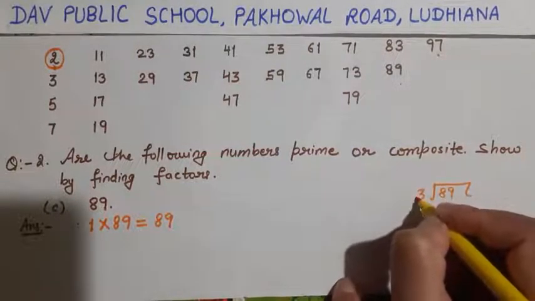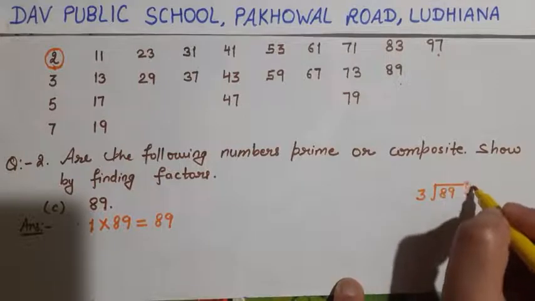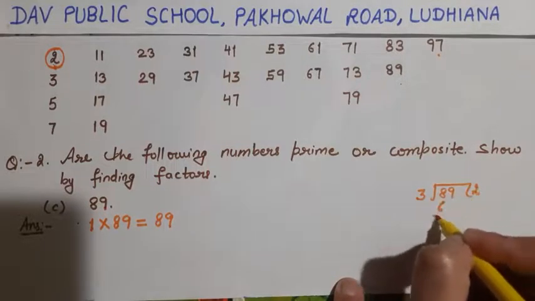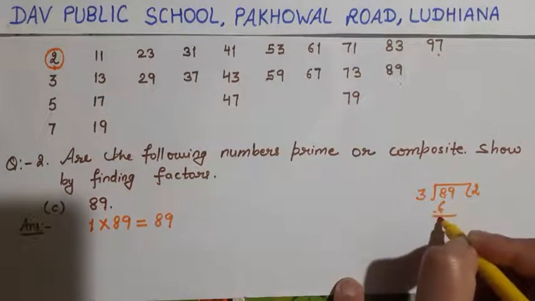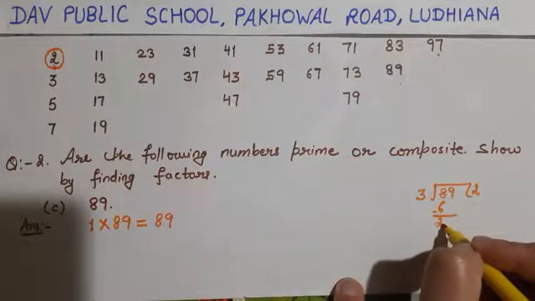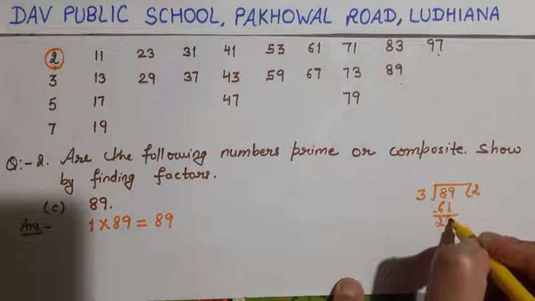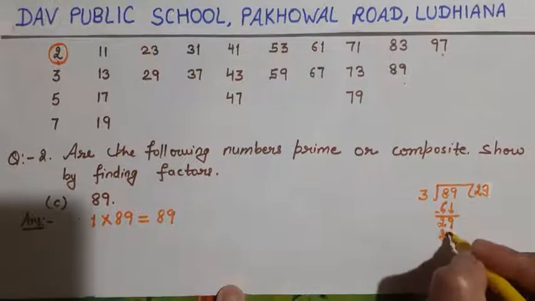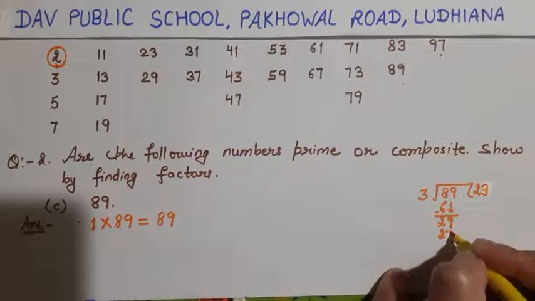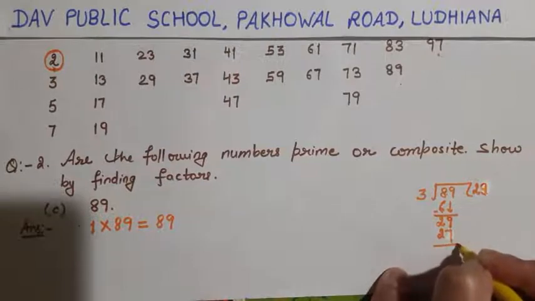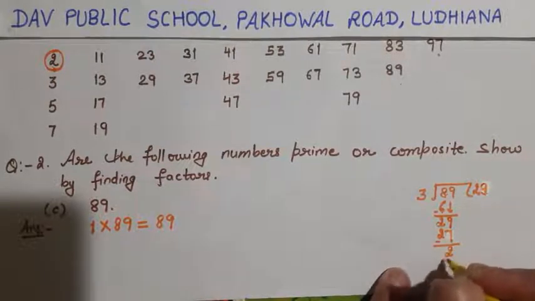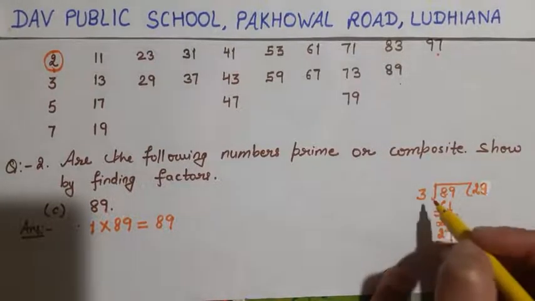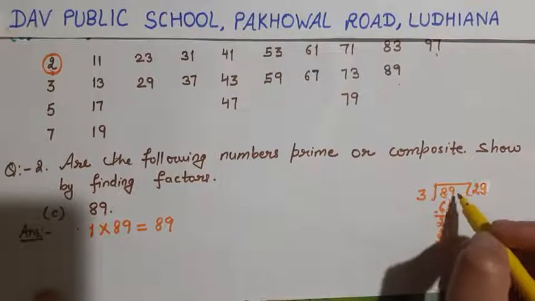We will check with 3. 3 twos are 6. Subtract, we will have 2 and 9 down. It is 29. Next 3 nines are 27. We have remainder 2. 3 does not divide 89 exactly.